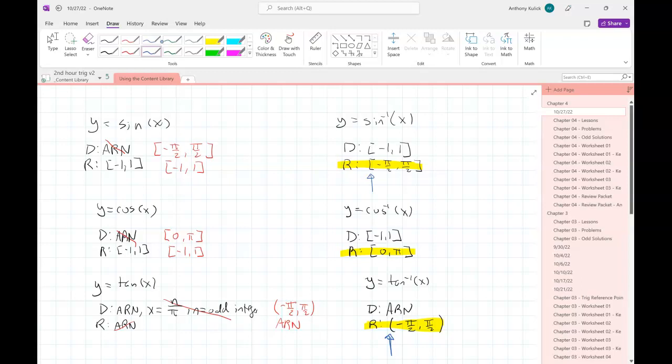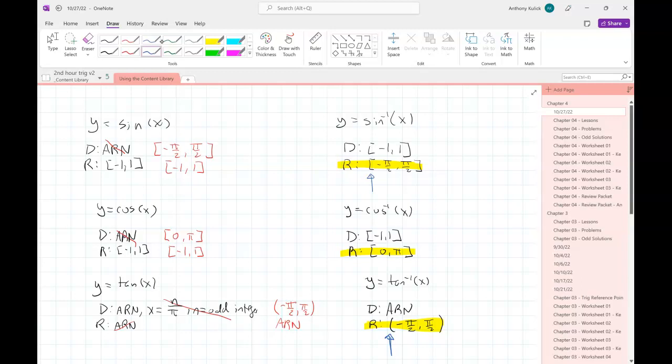Okay, why does it come out of sine inverse but not out of tan inverse? So for the tan, those range values are the spot where the function can't go over. Why?